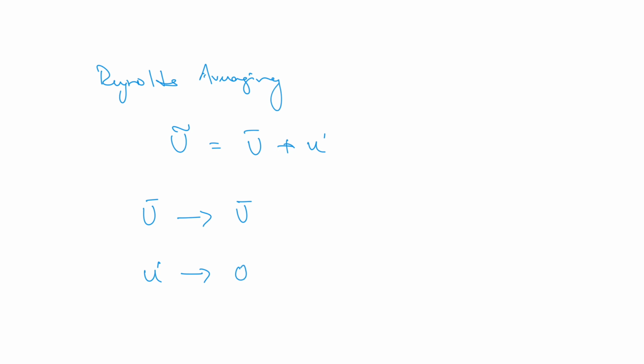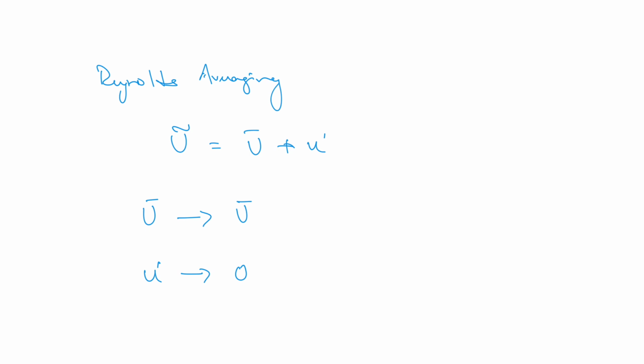Why this happens is, for the first one, this is the mean component, which is already the average value, and if you take the average again, it will be the average only. But the fluctuating component will be over and above the mean. It can be a positive fluctuation and it can be a negative fluctuation.